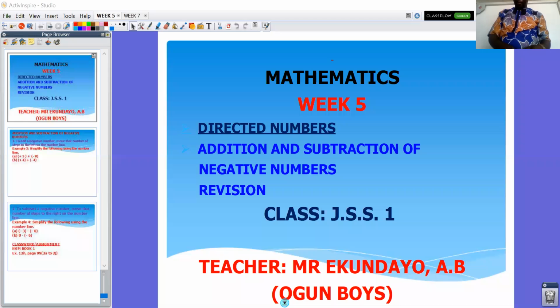Precious. Send in your name for attendance, please. The last person I have here is Precious. Rahman, I've seen your name before. Shehu Abdurrahman, I've seen your name before.